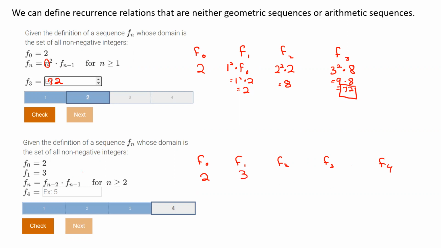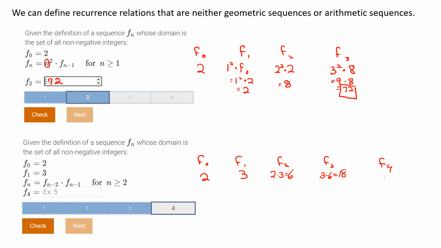And for any of the others, it says take the 2 previous ones and multiply them together because we have the dot there. So F2 would be 2 times 3, which would be a 6. And then F3 would be the 2 previous terms, 3 times 6, and so that would be 18.